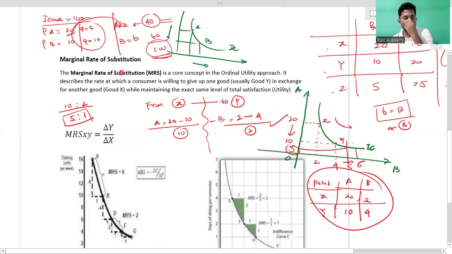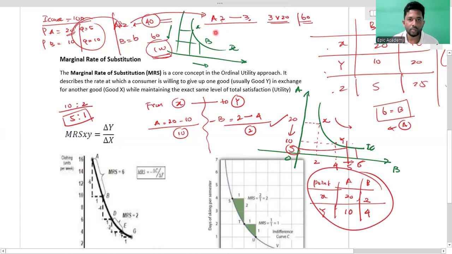So assume that this person increases the consumption of A commodity from 2 to 3. Then what happens to the expenditure? 3 multiplied by 20 becomes 60. So what happens to the consumption of B?